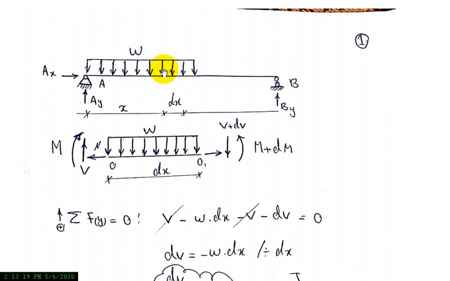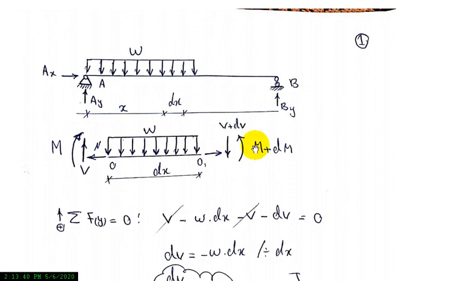When we take a section from this part and this part of dx, three unknown internal forces are created here and three unknown internal forces are created here. We call them V shear force, N normal force and M bending moment.